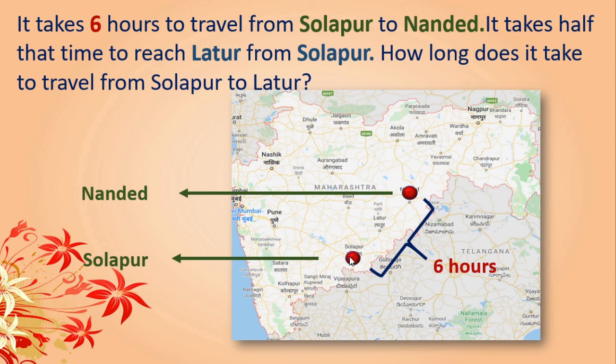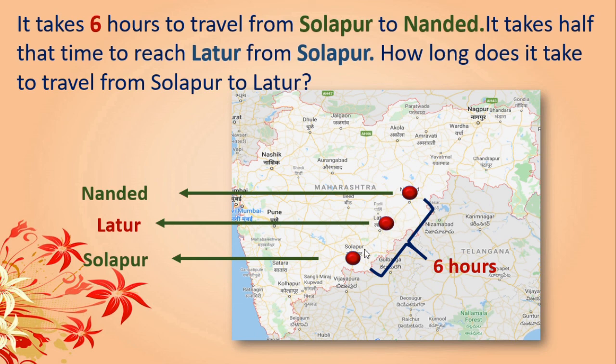This is Solapur, you know. And see, this is Latur. I will write in red. Okay, this is Latur. Now from Solapur to Latur, it takes only half that time from Solapur to Nanded. It takes 6 hours from Solapur to Nanded, you know.